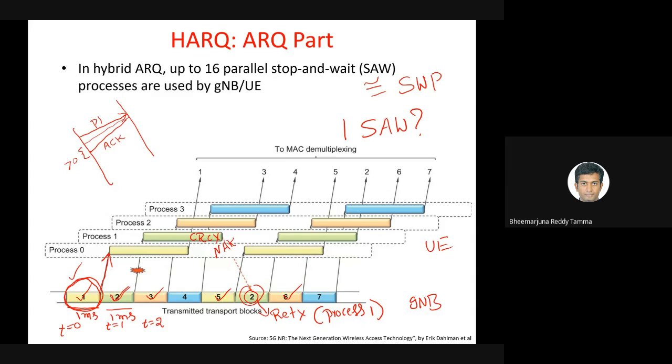Another thing I wanted to highlight is that demultiplexing is happening. For packet 1, after that, packets 3, 4, 5 and later the successful decoding of packet 2 happen. But packets 3, 4, and 5 need not be kept in the receiver buffer.